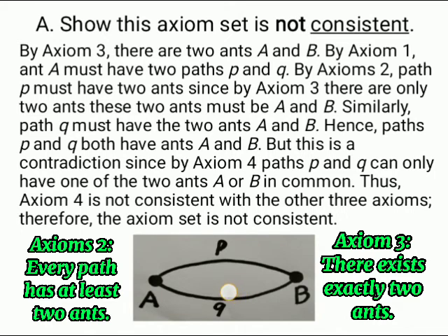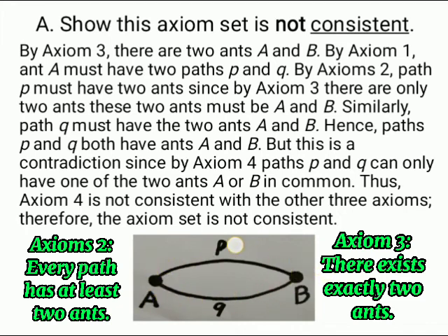There exists exactly two ants. That's why hindi na tayo pwedeng magdagdag pa. So, ito na yung gagamitin natin na kung saan nilalaman din or path Q must have two ants. So, ito na yung ilalagay nating ant A and ant B. Hence, paths P and Q both have ants A and B.